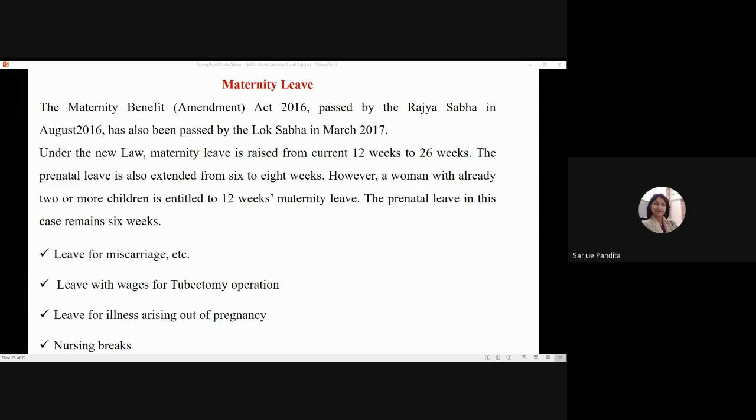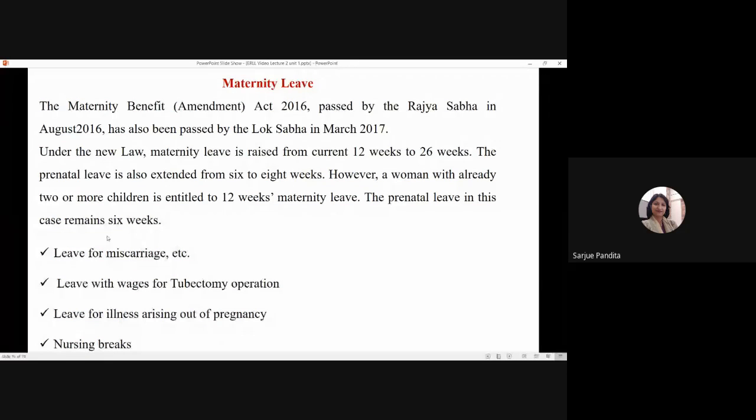Now, this Act also grants certain leaves to the female who is going for maternity leave. One is the general maternity leave. Second is leave for miscarriage.